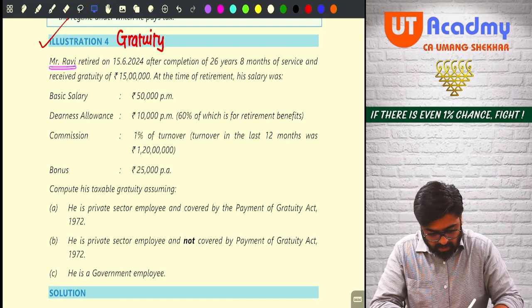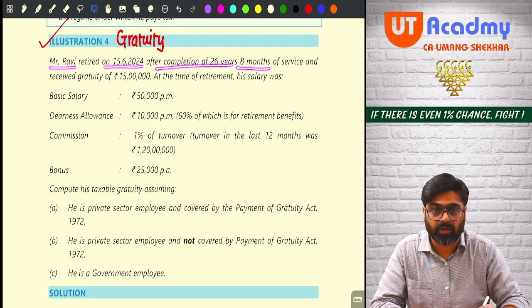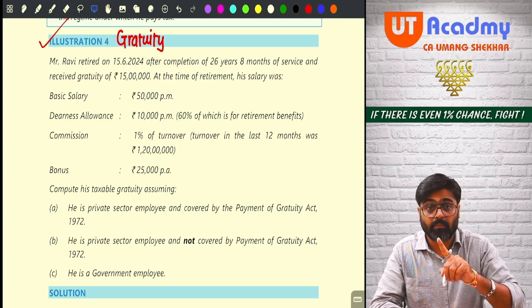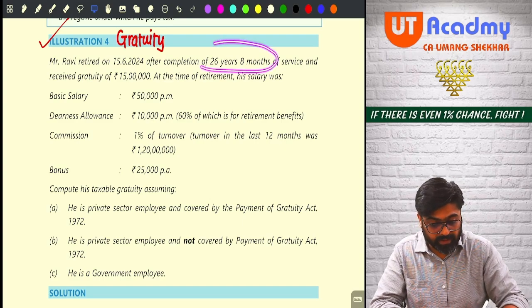Mr. Ravi retired on 15 June 24 after completion of 26 years and 8 months of service. If I say number of years of service for POGA, then it will be 27 years.